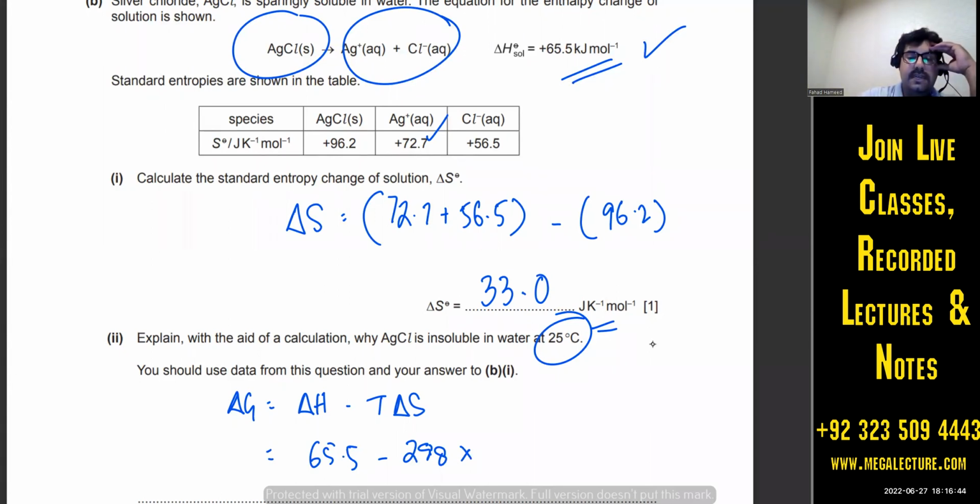So delta T delta S, what is delta S? Delta S is 33.0, but that needs to be divided by 1000, right?